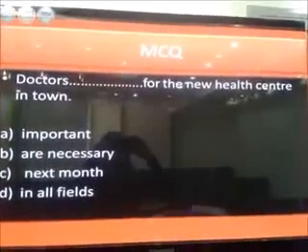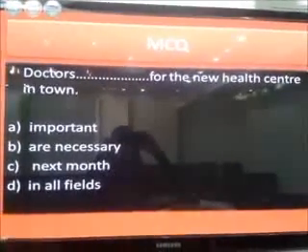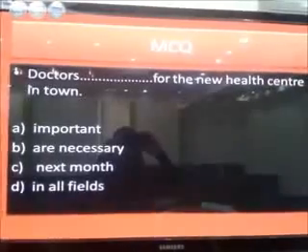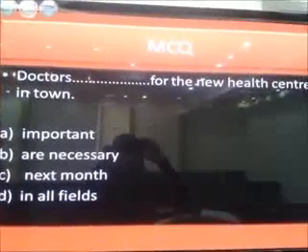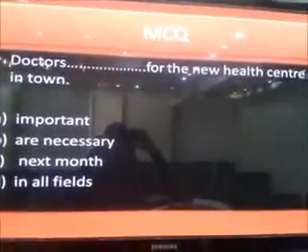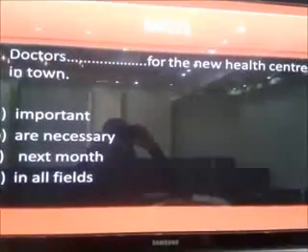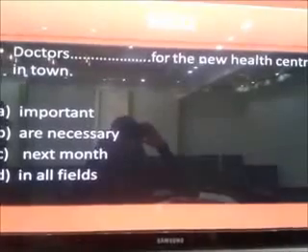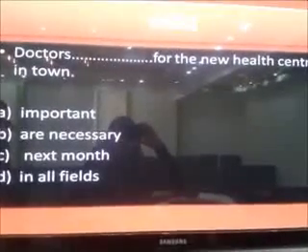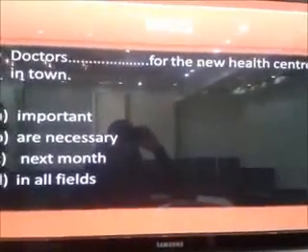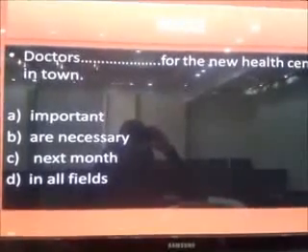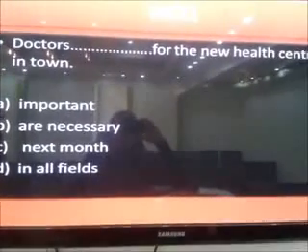We said that in the first skill we need subject and verb. Do we have a subject? Yes, we do. We've got "doctors." That's the subject. Do we have a verb? We have "for the new health centre in town." Oh, no verb. So in this case we have a missing verb.